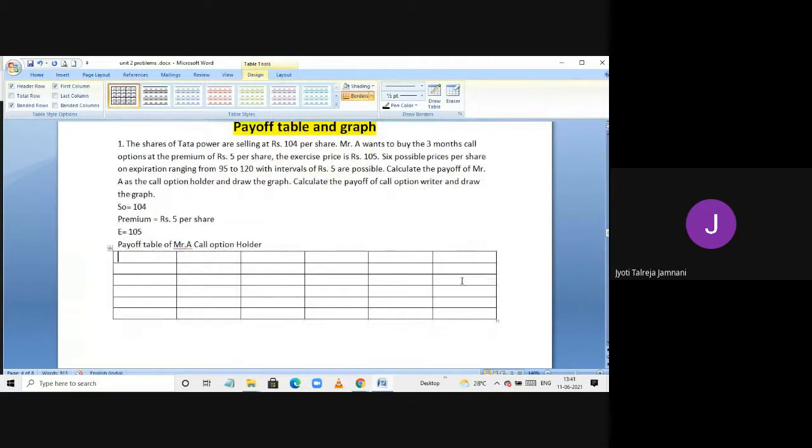In the first column we will write the value of S0, that's the price. Then we'll write the exercise price, E C. Then we'll write action taken, then payoff, then premium, and next.